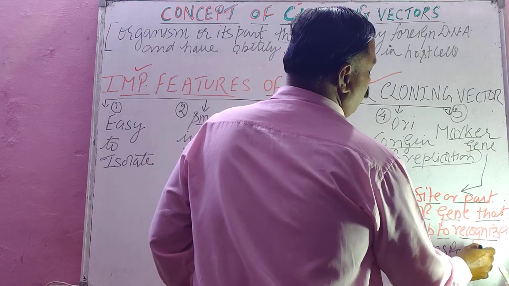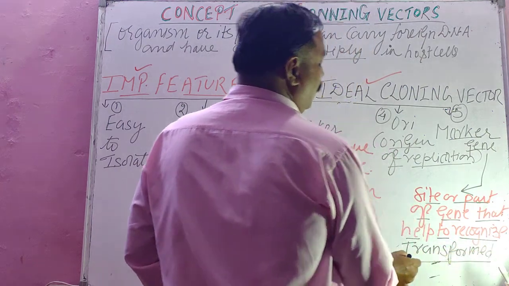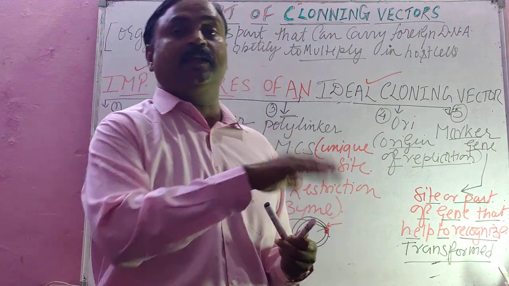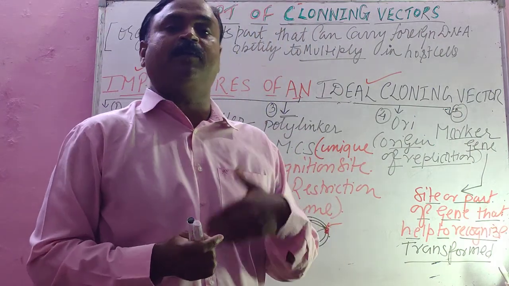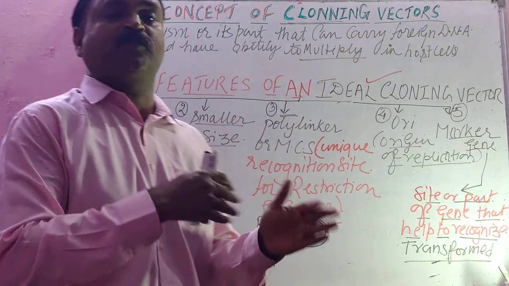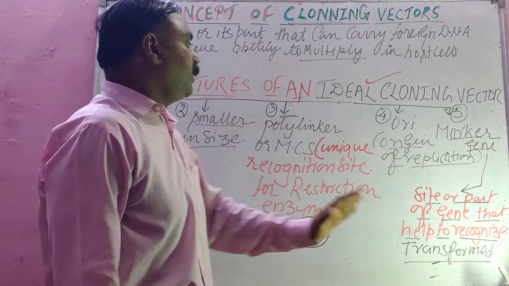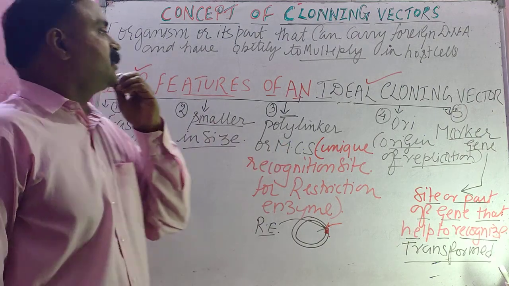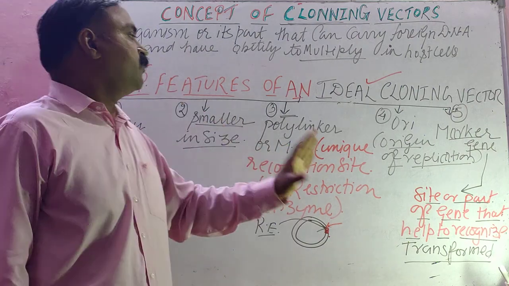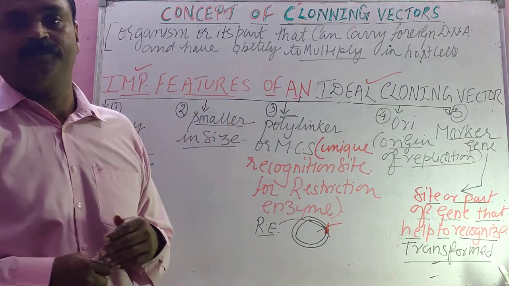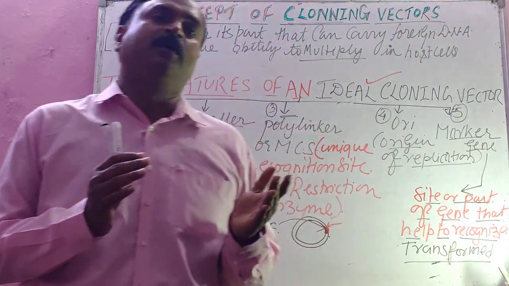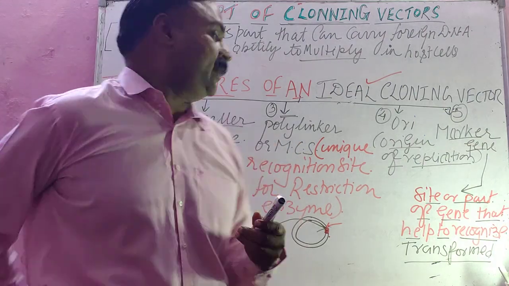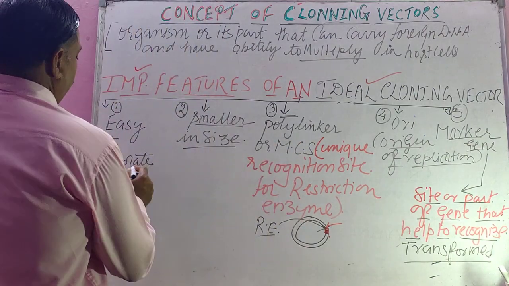Now last point, that is how does it help to recognize the transformed cell. We are going to study in screening method, that is blue and white method of selection of the transformed cell. This we will study in detail. So there are many features, but at least you should know 4 features. Then you can say that a good cloning vector should have one more important feature.